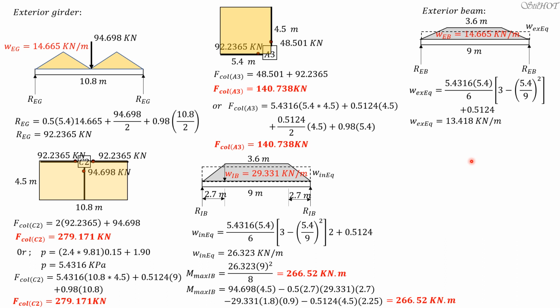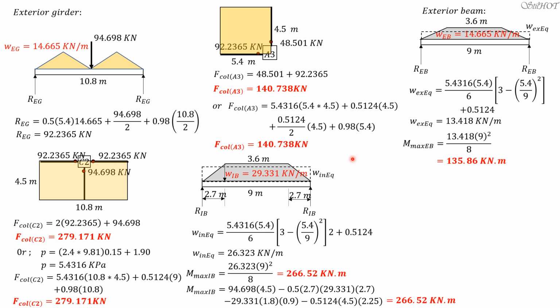So W equivalent for the exterior beam is 13.418. Knowing that equivalent uniform load, the maximum moment at the center is WL squared over 8 again, so 13.418 times 9 squared over 8, which is 135.86 kilonewton meter.